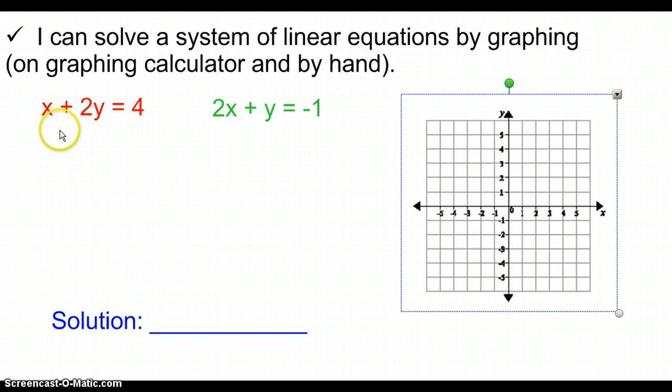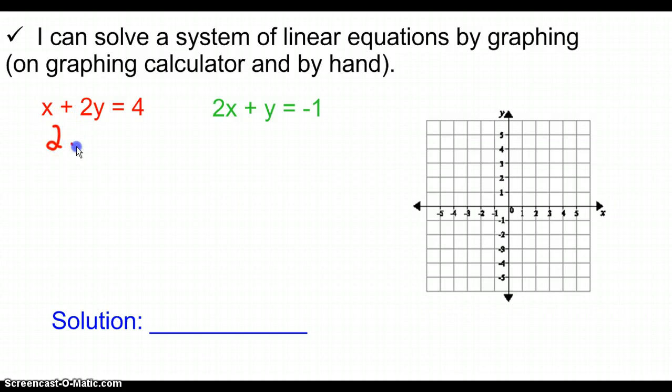So if we subtract x, we have 2y equals negative x plus 4. If we divide by 2, we end up with y equals negative 1/2 x plus 2.